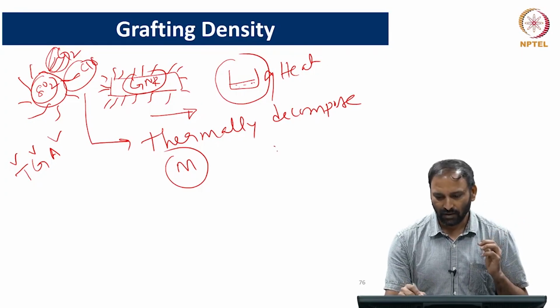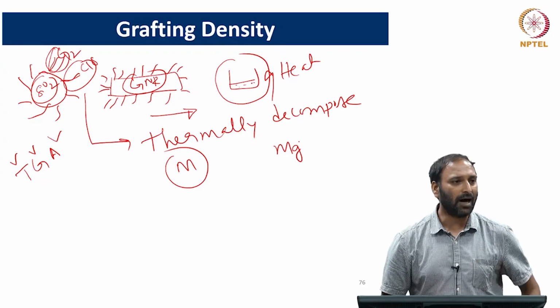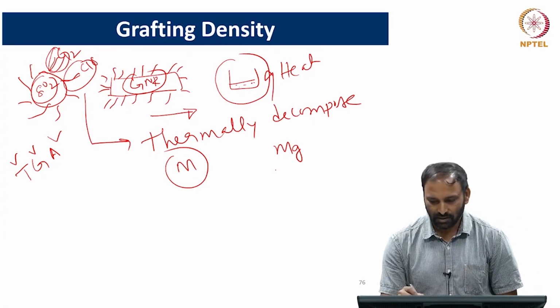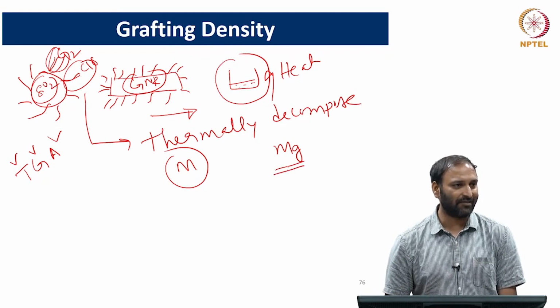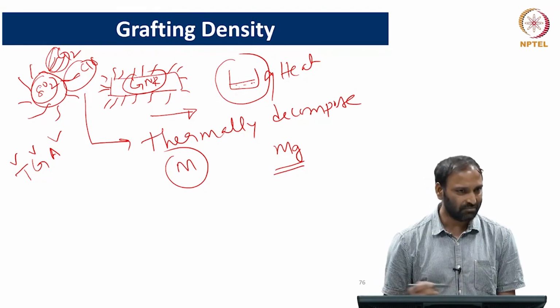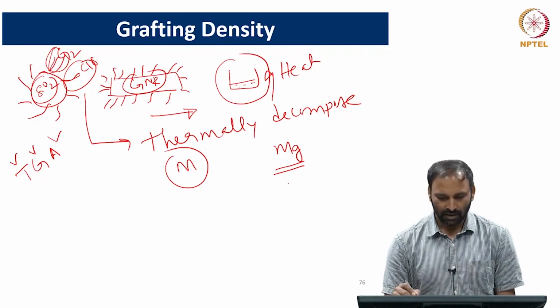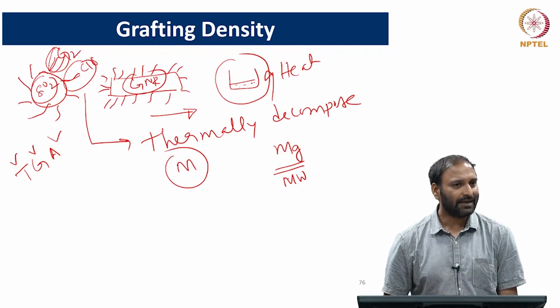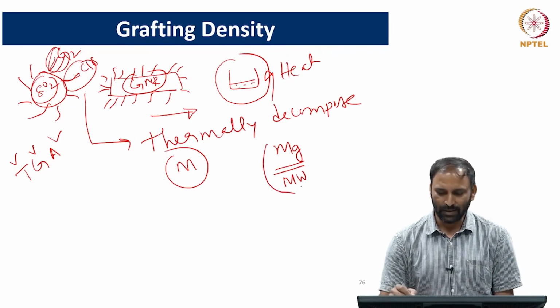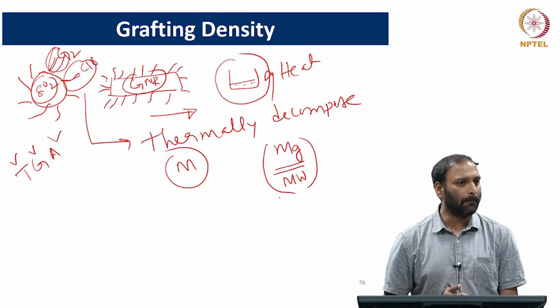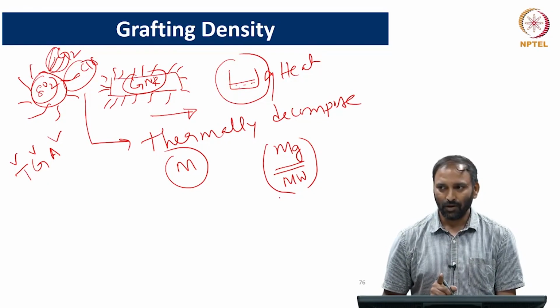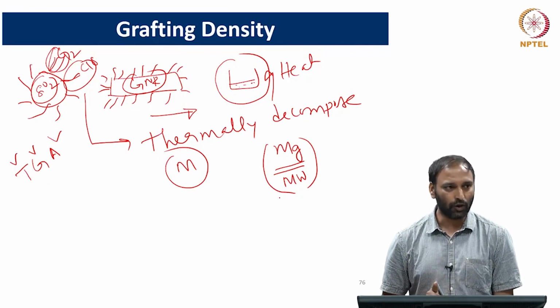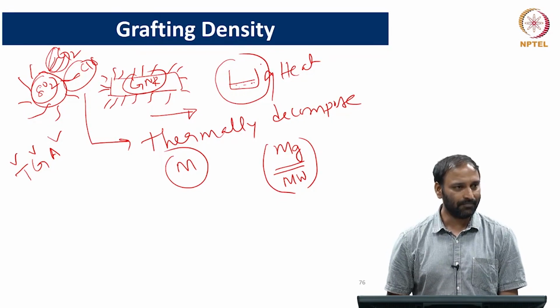If that is the total mass of the grafted chemical species in the sample, Mg, divided by the molecular weight of the grafted species, what will it give me? It will give me the moles of the grafted molecules in the sample.